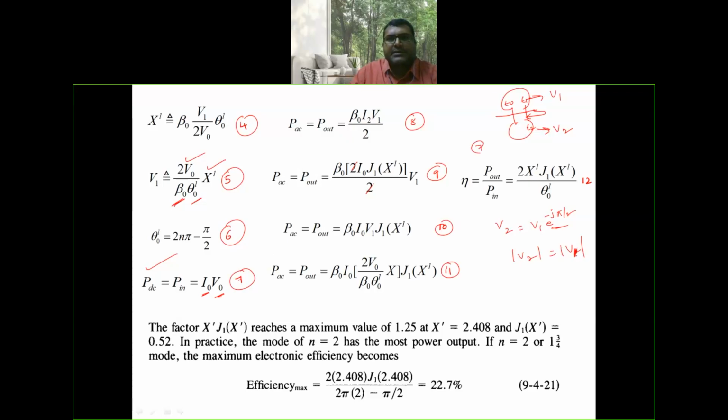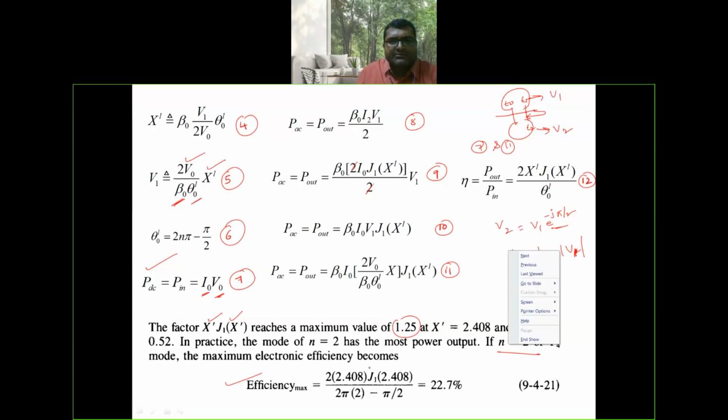Substituting equations 7 and 11 in efficiency, that is efficiency eta is equal to P out by P in, it is given by equation number 12. For maximum theoretical efficiency, we have to consider the maximum value of the product x dash J1 of x dash, which is around 1.25, and here n is equal to 2, that is the 1 3/4 mode.